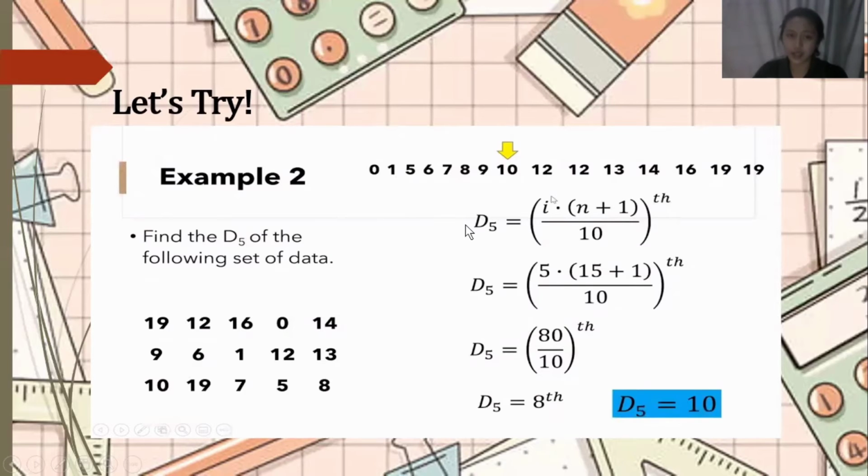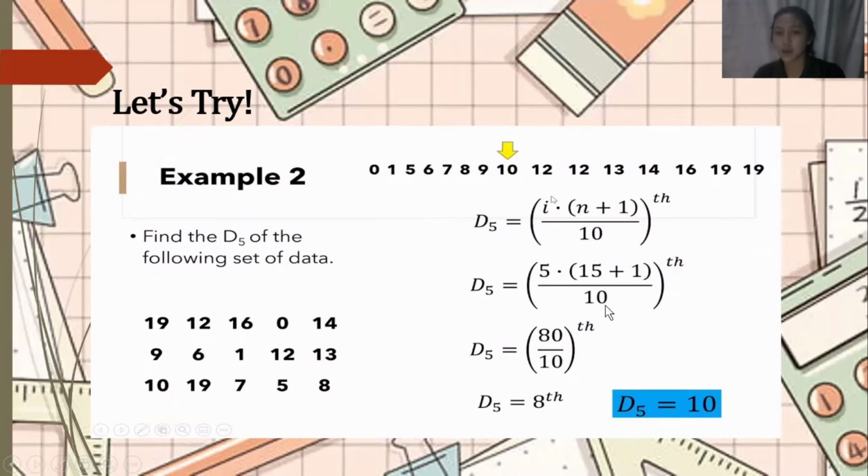So, in finding decile 5, you need to put the decile number here in the subset. Ito siya. So, 5 multiplied by 15 plus 1 is equal to 16, times 5 is 80.